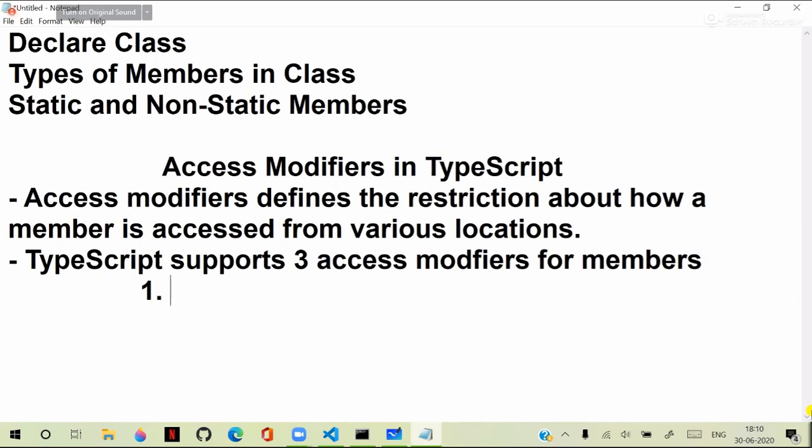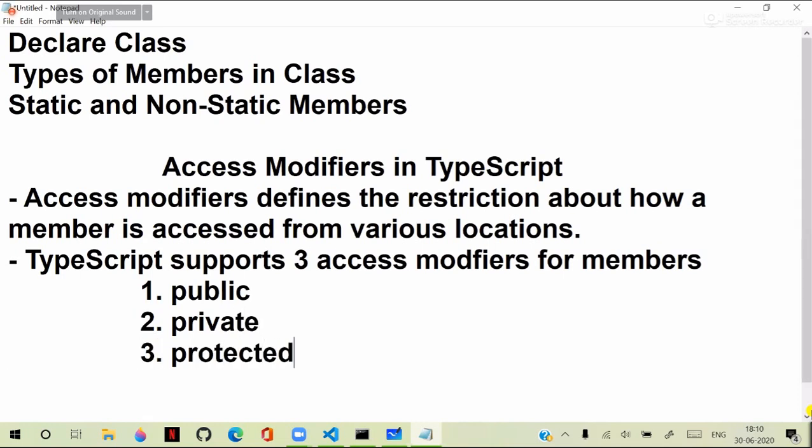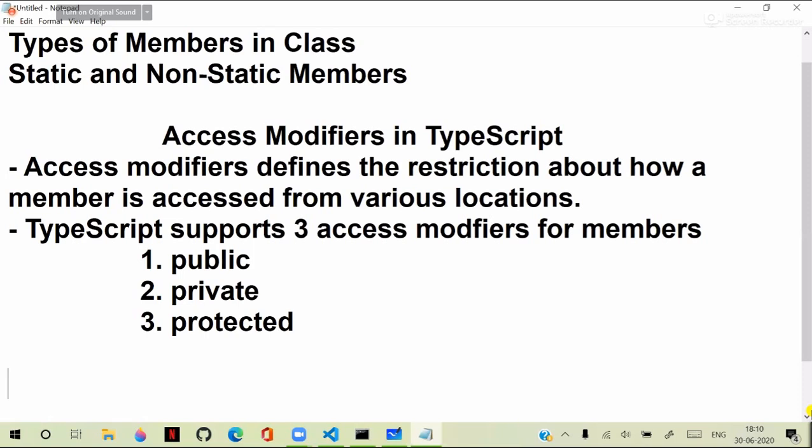One is public, another one is private, another one is protected. Only these 3 access modifiers are present. So we have public, we have private, we have protected. These are the access modifiers we have. Right.